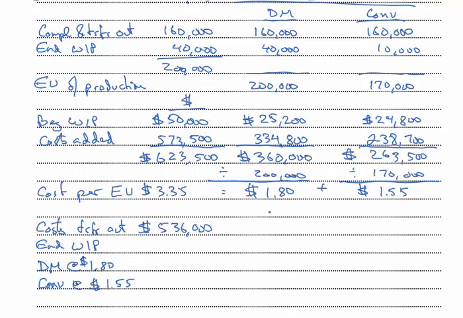Okay, and so for equivalent units now, we're looking at direct materials equivalent units of 40,000 and 10,000 for conversion. So 40,000 times $1.80 is $72,000, and 10,000 times $1.55 is $15,500.